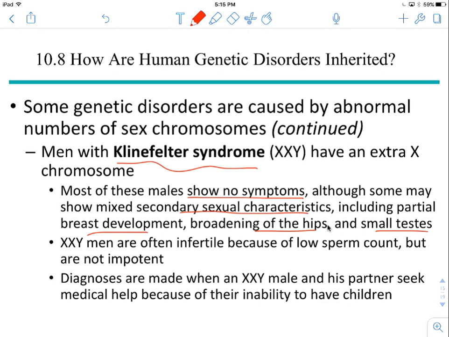XXY men are usually infertile because of low sperm count, but they're not impotent. So they can still father children. But most of the time, these guys find out they have Klinefelter's only when they seek help because they haven't been able to have kids.